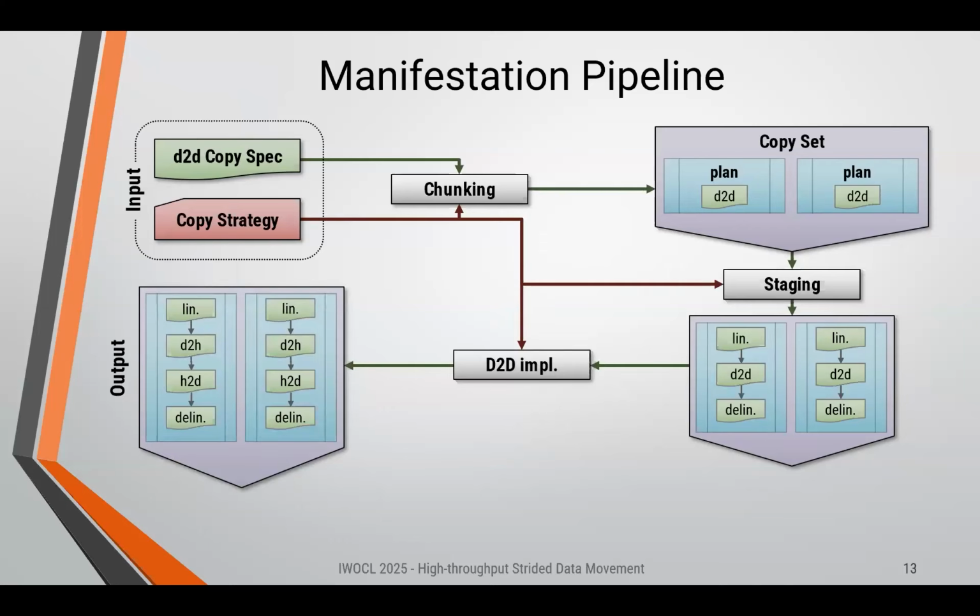And finally, there's also the device-to-device implementation phase, which can further split up operations within the plan that go from one memory location to another to perform host staging manually. So here, for example, device to host and host to device rather than a direct transfer between devices. And then in the end, you have this more complex parallel copy set consisting of more complicated copy plans, and that needs to be enacted by the copy library.